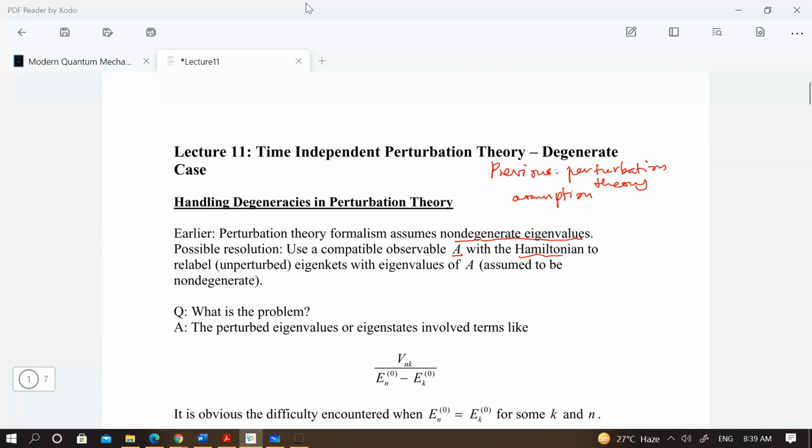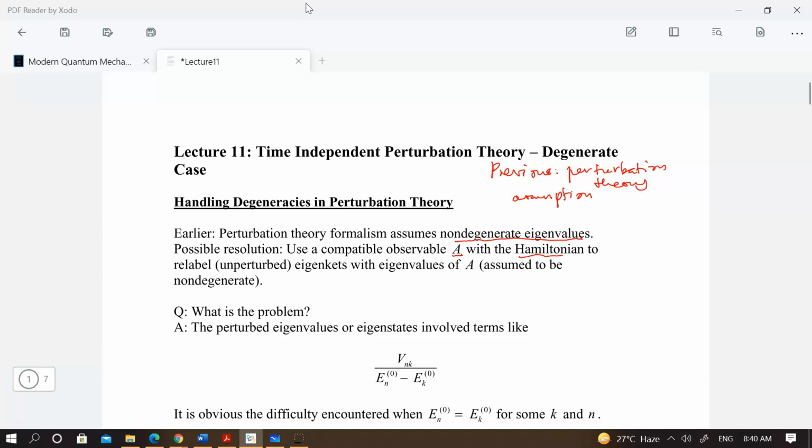So you can label your states using both the eigenvalues of your Hamiltonian and the eigenvalues of your observable A. The degeneracy might be happening for the Hamiltonian, but your compatible observable A might have non-degenerate eigenvalues.